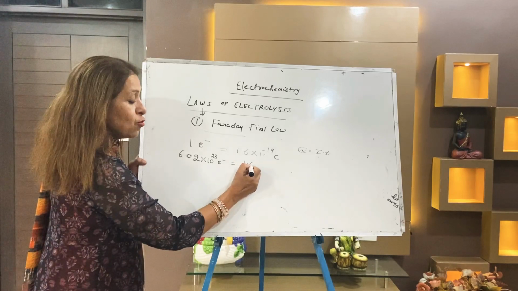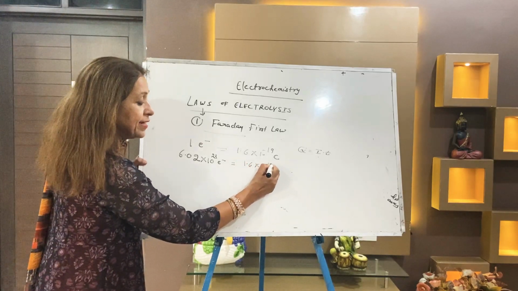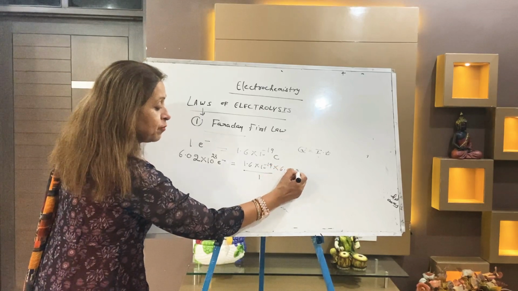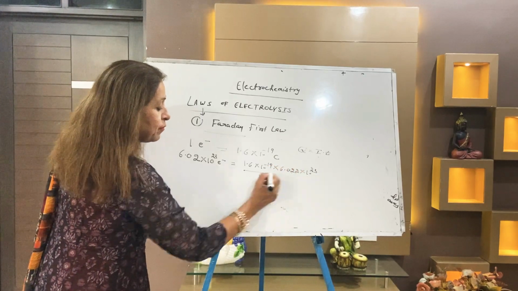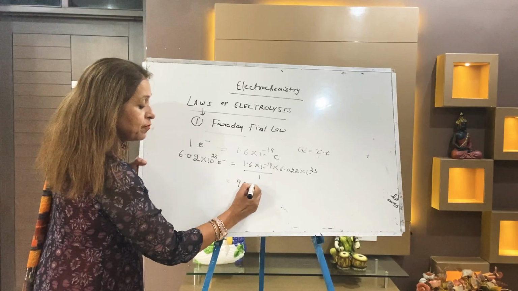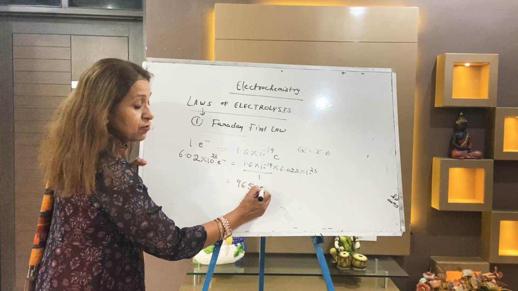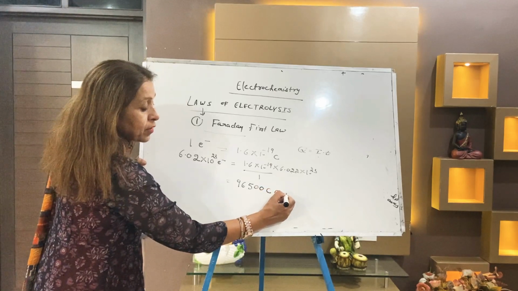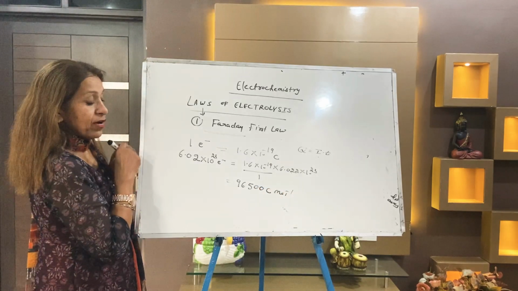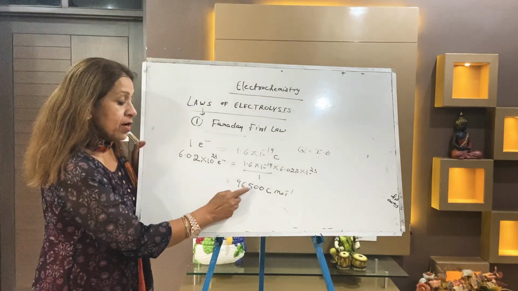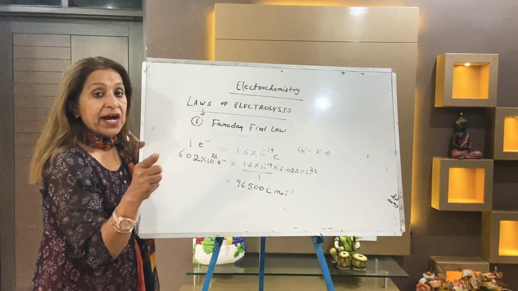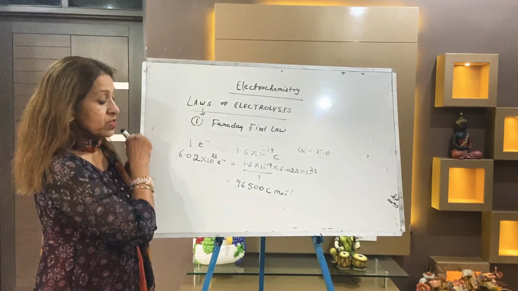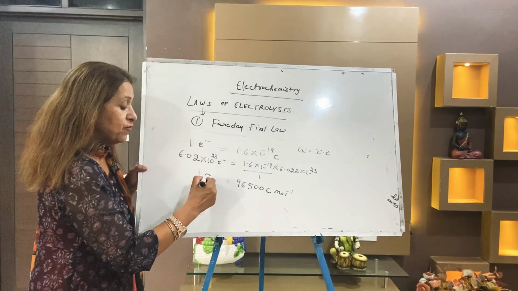If you do the calculation, 1.6 into 10 raised to power minus 19 multiplied by 6.022 into 10 raised to power 23, after calculation it will come 96500 coulombs per mole. So always remember, 96500 is the charge carried by 1 mole of electrons. This is also called 1 Faraday.